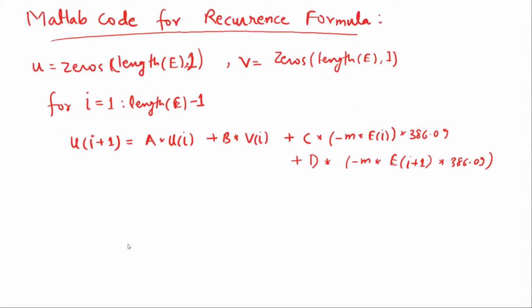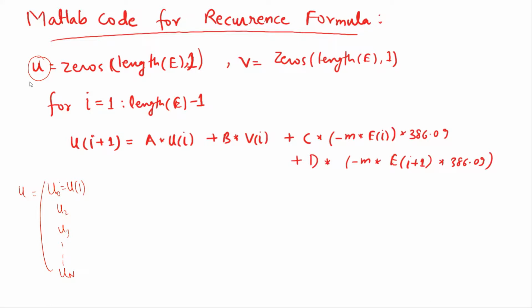So now we will have a MATLAB code for the recurrence formula. First we will store the displacement in a matrix, in a vector format. So u would be equal to how many values should be there. We can store u0 at the first position, then u1, u2, u3, and so on, up to un.